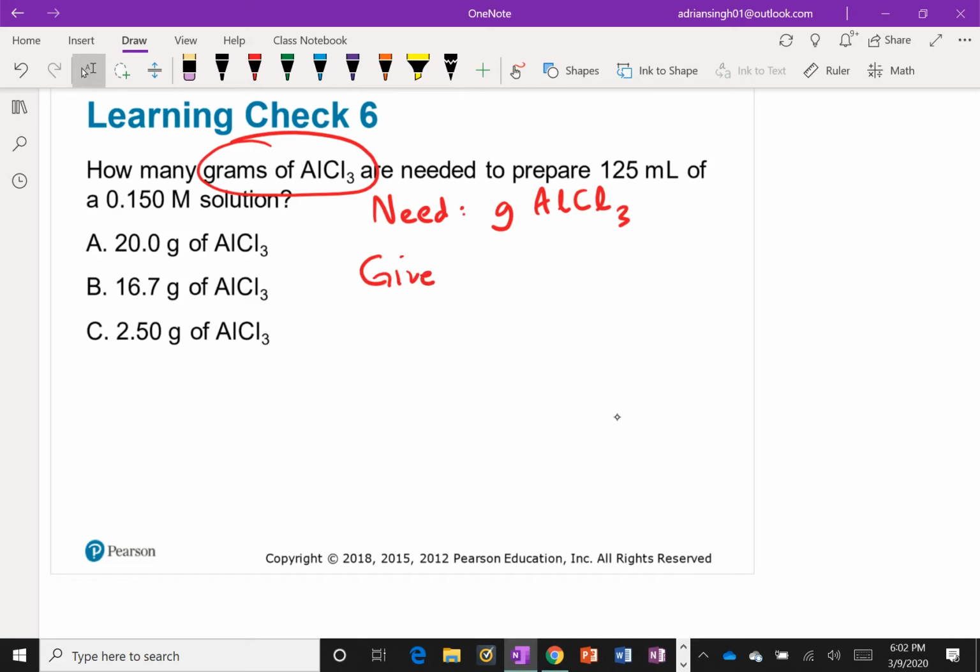So we're given 125 milliliters, and we're also given 0.150 molar solution. So based on what's given, the volume and the concentration, we need to somehow get to grams, get to the mass of this thing.